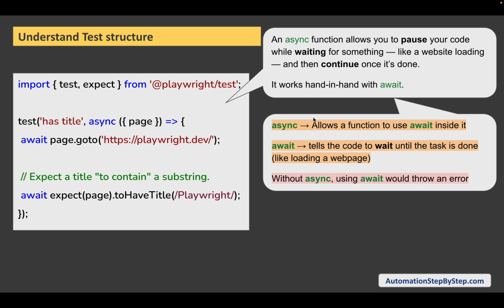Okay, and then when we say async, we always use await. So you can see for every command, whether page.goto or expect or click, we use await. So async allows a function to use await inside it, and await tells the code to wait until the task is done. Because we want to wait until this is done, and again here we want to wait until this is done, therefore we are using await here. And if you use await without async, it will throw an error.